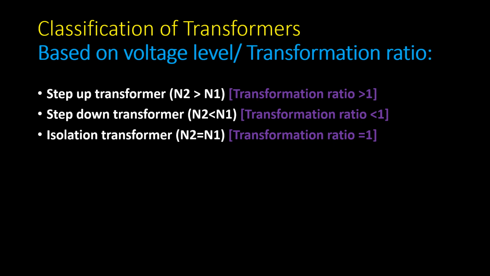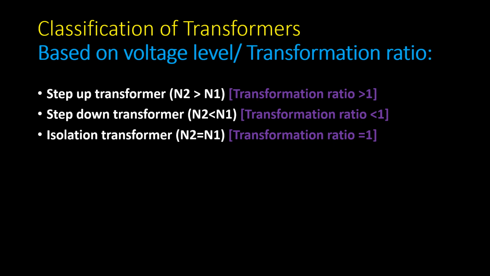If I have one transformer where I give input on the primary side at a voltage level of 11 kV, and it provides voltage at the secondary or output side of 33 kV, then it is called a step up transformer. In that case, on the secondary side I have a higher number of turns.